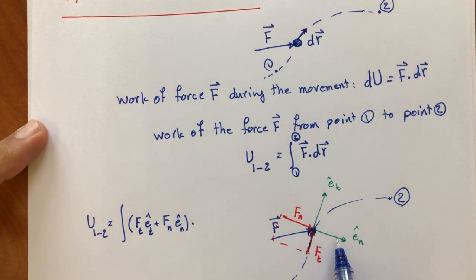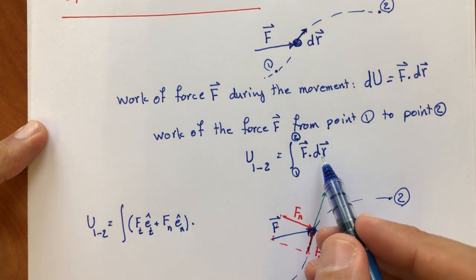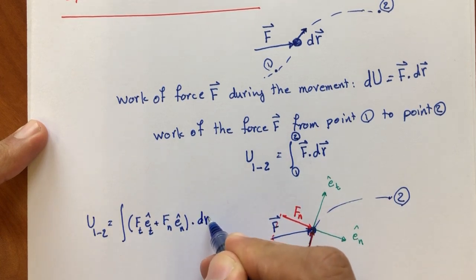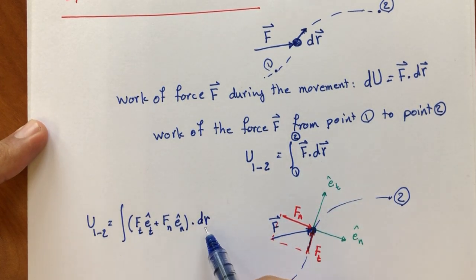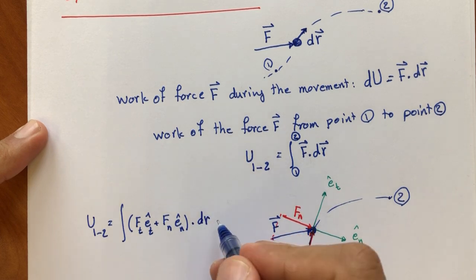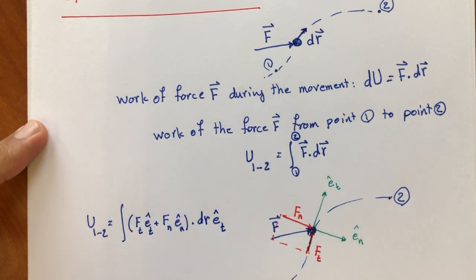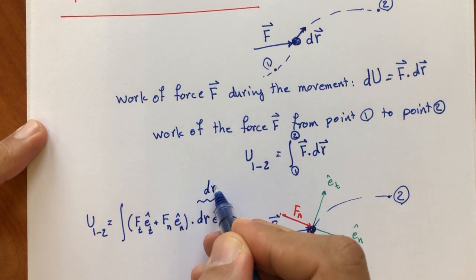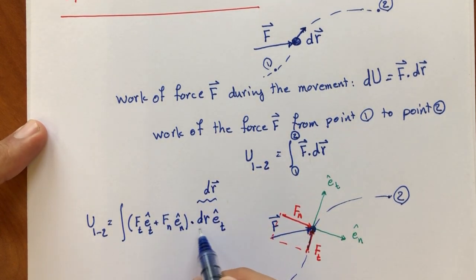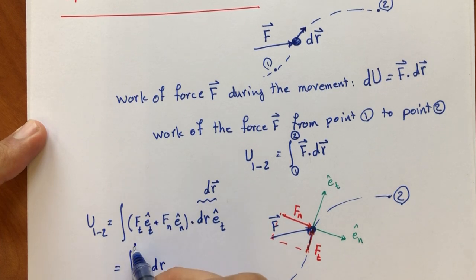We don't have any displacement in the normal direction. Because of that, I can write dr as the magnitude of this vector, which I show without any vector sign, times et. So all together this is the vector dr. Now if I do this dot product, the dot product of et with et is 1, the dot product of et with en is 0 because they are perpendicular to each other. Because of that, this integral is going to be just Ft times dr from 1 to 2.